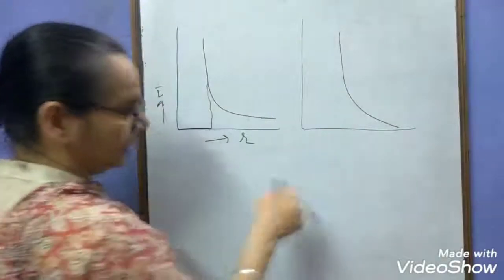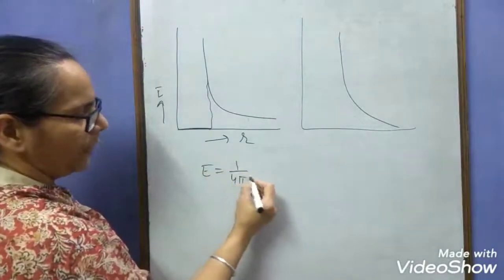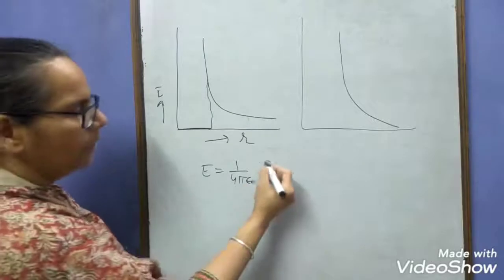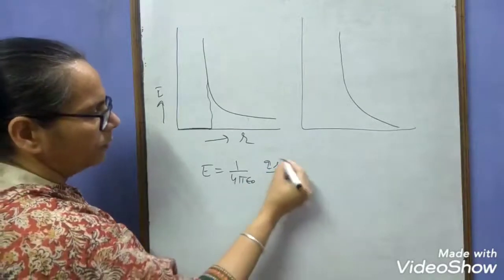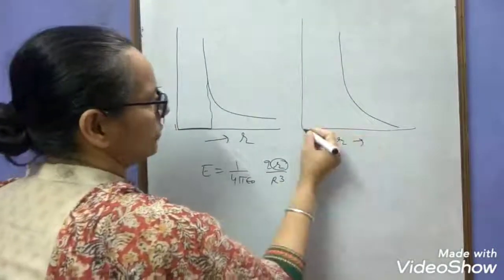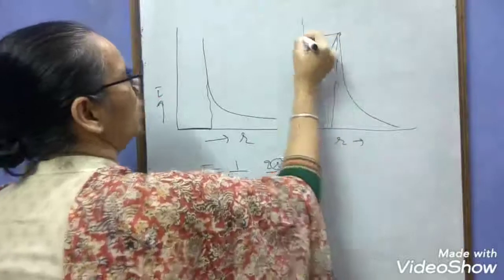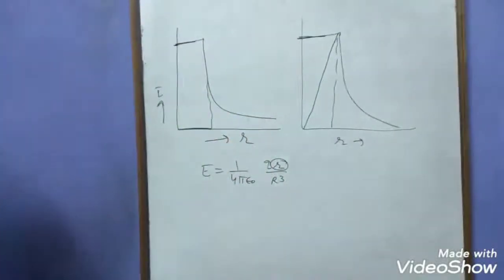But in this last case, the electric field is 1 by 4 pi epsilon naught Q r upon R cube, where r is the distance of the point. Here the graph is directly proportional, and it shows the maximum electric field at the radius of the spherical shell or spherical surface. Okay. Thank you.